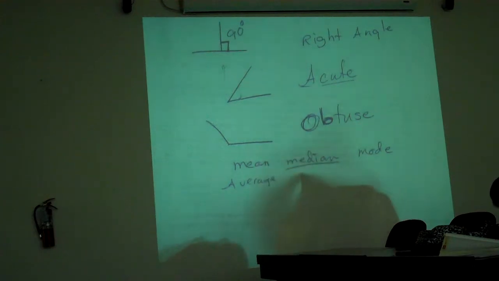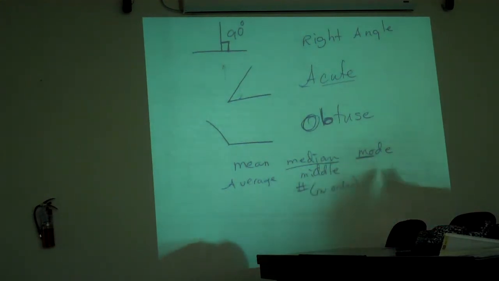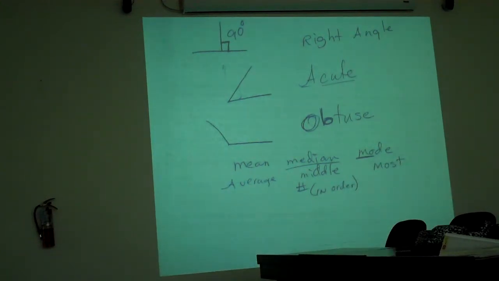This is the middle number after they're in order. It's that very middle number. The mode is the one that shows up the most. The rest of those, you can do the rest of the word things.